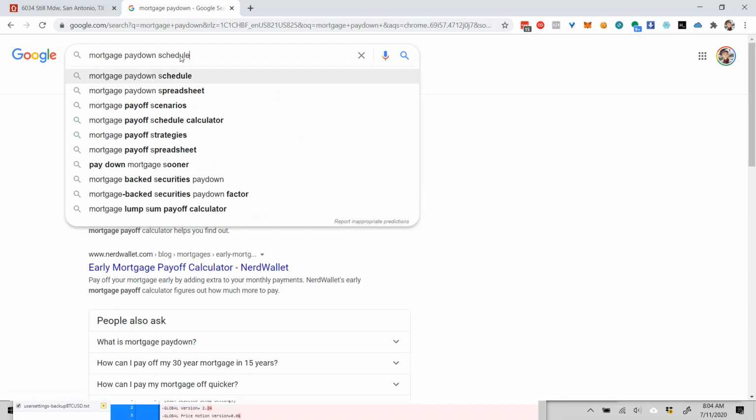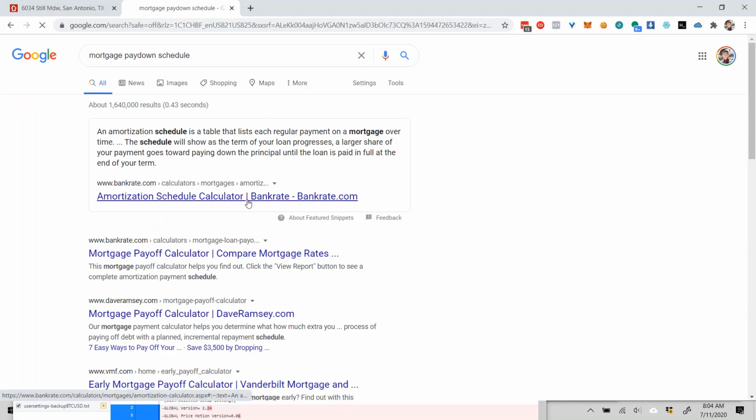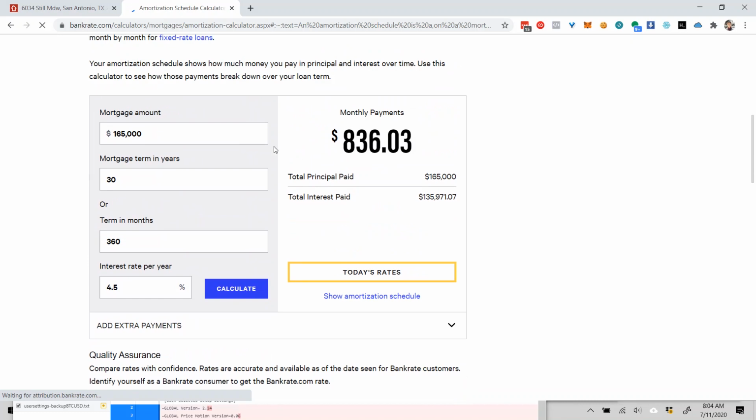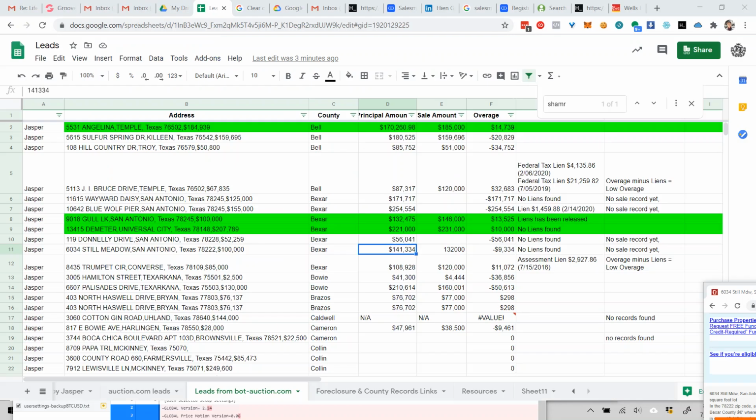Schedule. Yeah, I'm going to guess that they haven't paid it down yet. 141.33. It's only 3 years, so I don't think there's much there. Not sure why, they probably paid a lump sum or something to get it down to 100, but yeah.